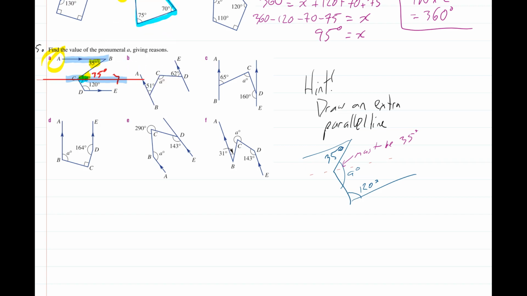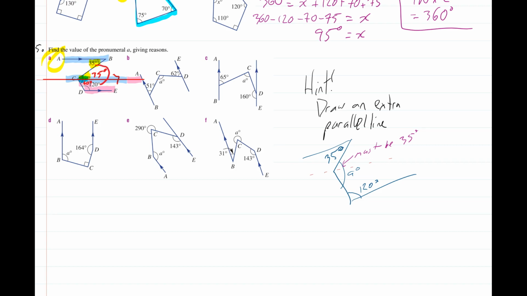Here I've got a parallel line, and then the same parallel line we had before, I have 120 degrees, and then an angle facing inwards, which is our U rule, co-interior. So that's got to add up to 180. So 120 plus something adds up to 180, so that's got to be 60 degrees, that part of A.